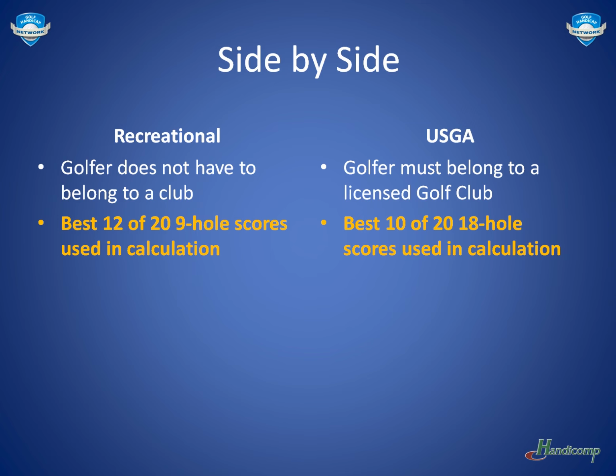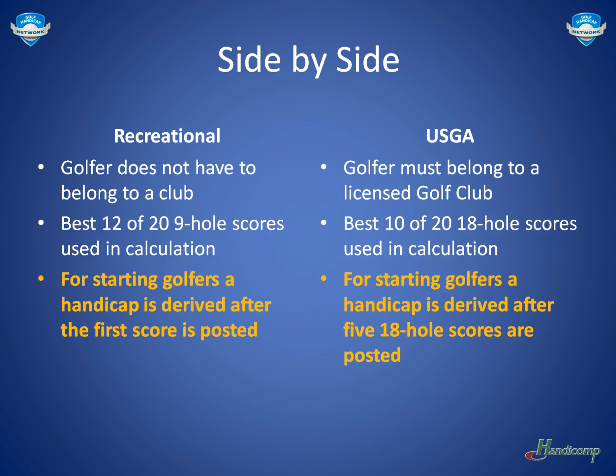For the USGA, the best 10 of 20 18-hole scores are used in the calculation. For recreational, for starting golfers, a handicap is derived after the first score is posted. For USGA, for starting golfers, a handicap is derived after 5 18-hole scores are posted, or again, if you do the math, that's after 10 9-hole scores are posted.